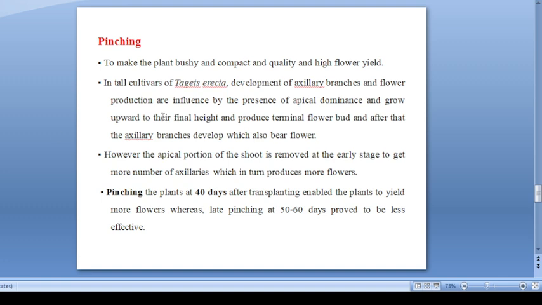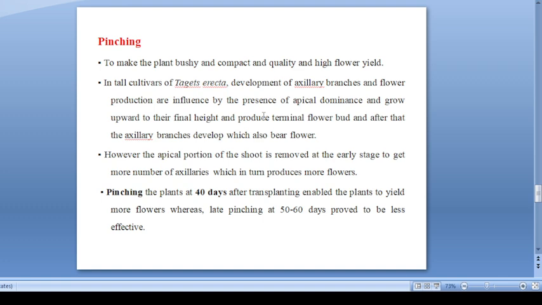So next is pinching. It is a very important operation, mainly in case of African marigold. We have to induce apical dominance, because of which the plant will grow straight. If we want to produce more yield, we have to do the pinching operation along with 2 to 3 leaves in the tip portion.